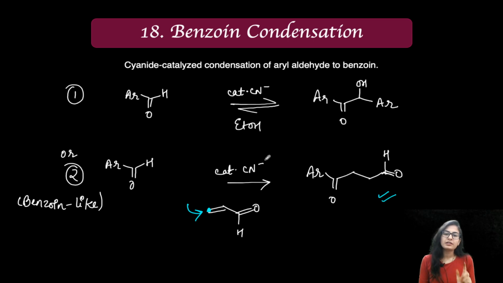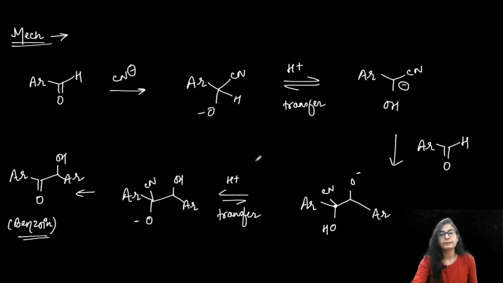The same reaction could be catalyzed by the CN minus also, and yes, the mechanism is the same as the benzoin mechanism. So guys, we are now quickly going to start seeing the mechanism.